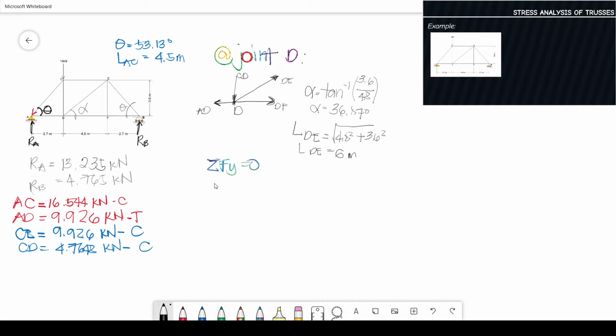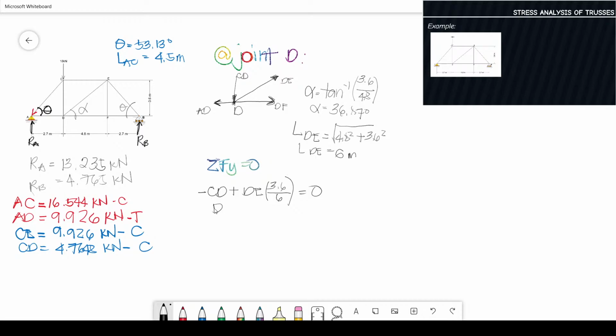So, CD. Our CD is downward, so that is negative. I always assume pag downward, negative, pag upward, positive, pag left, negative, pag right, positive. So, CD, then plus, DE is unknown. You can use sine alpha, or I will be using 3.6 over 6. Diba? Mas madali.